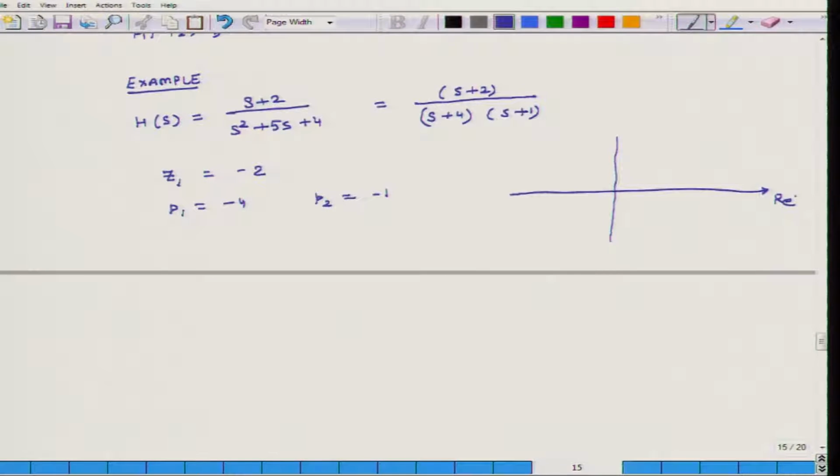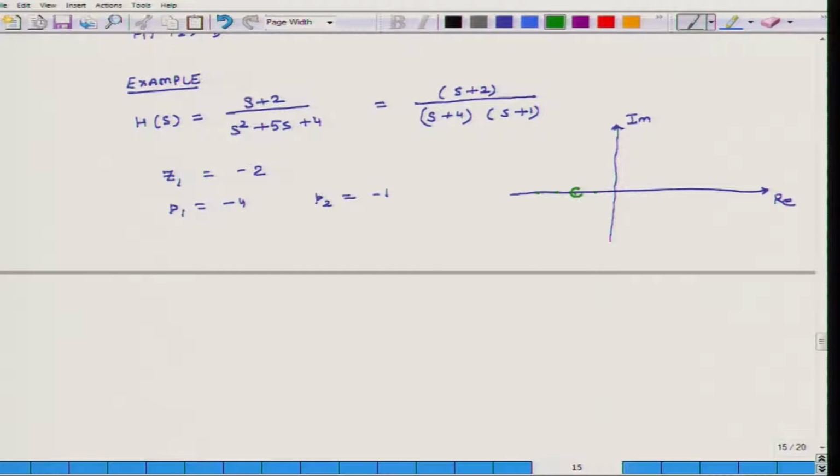So, I can plot these poles and zeros on a pole zero plot. So, this is again a complex plane. So, real axis, imaginary axis and 1, minus 1, minus 2, minus 3, minus 4. So, I have a zero at minus 2.